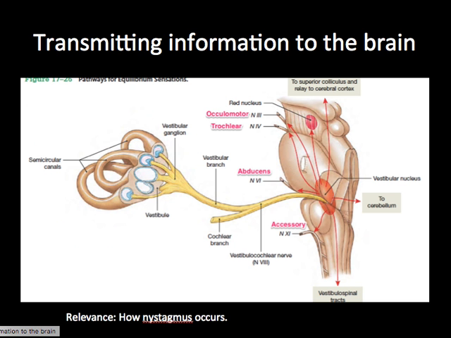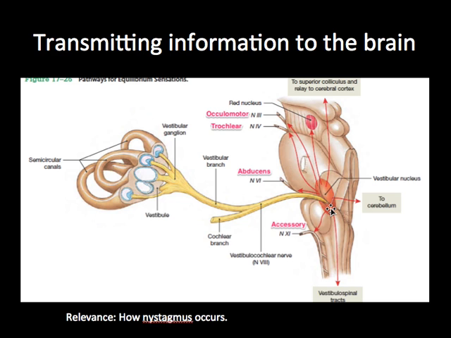So that's how they work. And what happens to these kinds of signals? All of the hair follicles have nerves that lead to this thing called the vestibular ganglion. And these nerve bundles send messages into the midbrain.